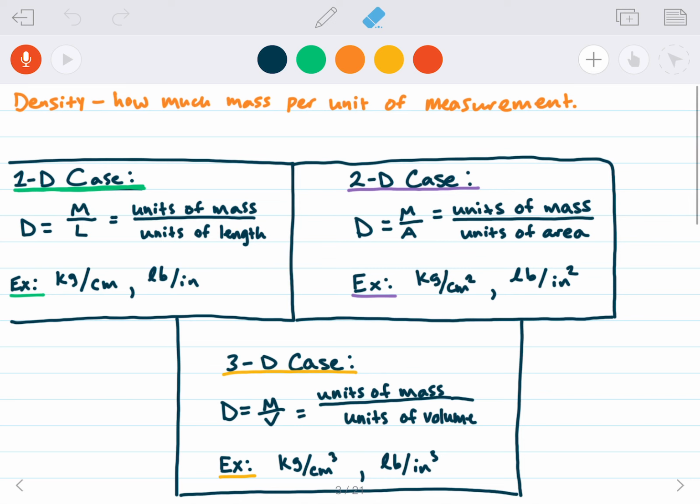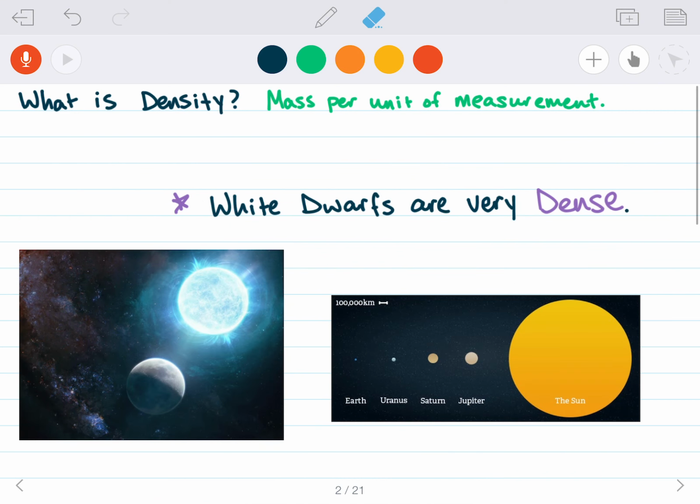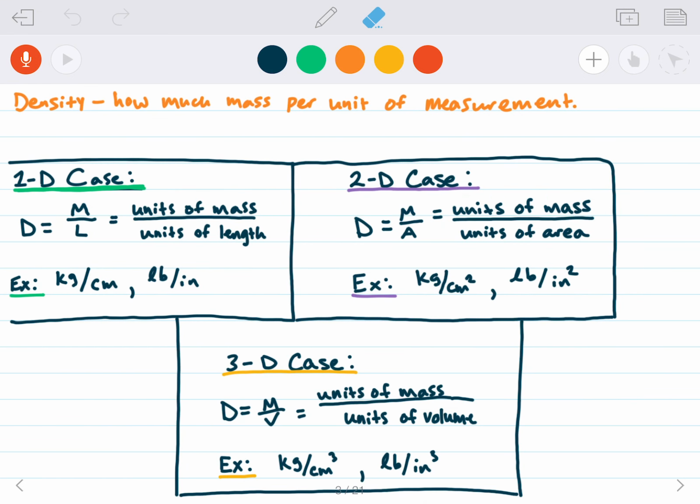So density. Okay. So let's talk about density in terms of units of measurement. We have three different cases. The cases that I just talked about with the apple and the crumpled up piece of paper, those are three-dimensional objects, right? That's mass per volume. But we can also talk about one-dimensional density, and density in the one-dimensional case is mass per unit of length.